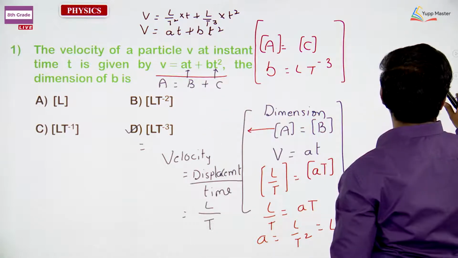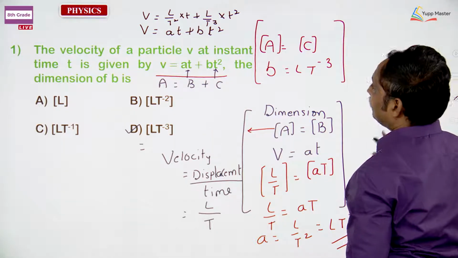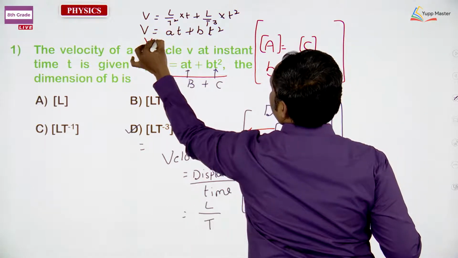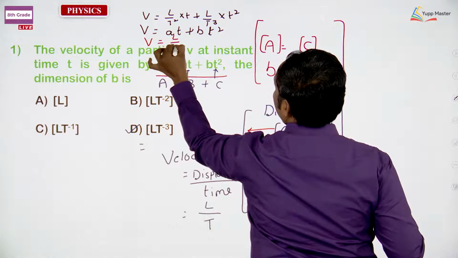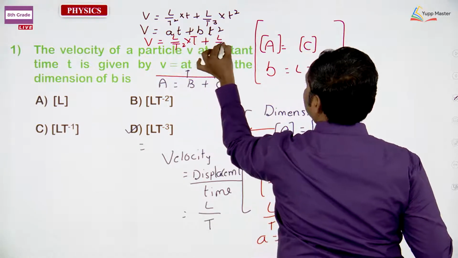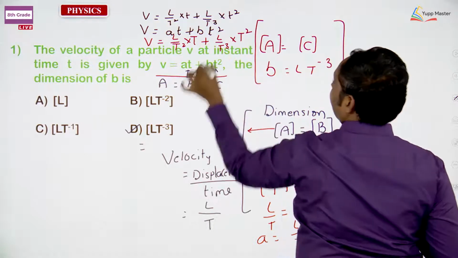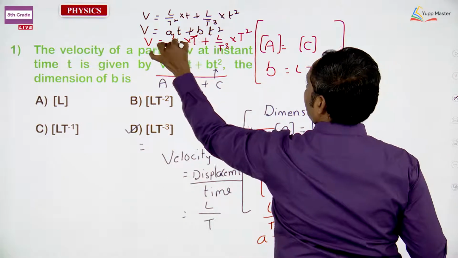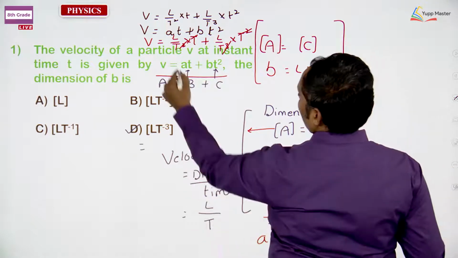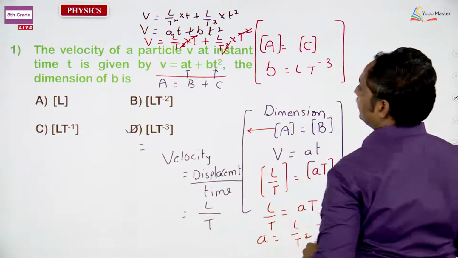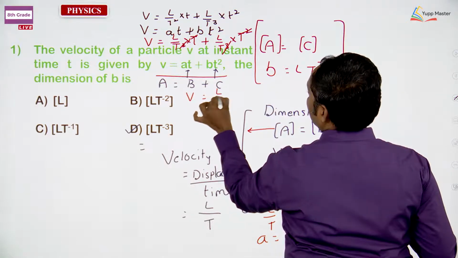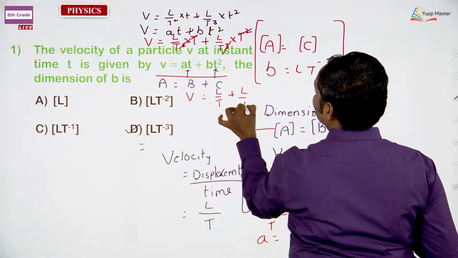So, you have written it in terms of that expression. Finally, you will get V is equal to L by T square into T plus L by T cube into T square. So, you are going to cancel those terms. Now, finally, what you are getting is V is equal to L by T plus L by T.